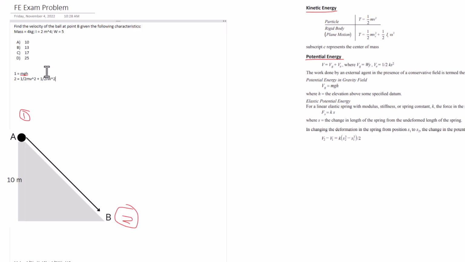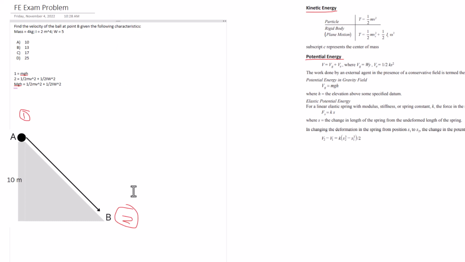So those are the three things that are involved. We set those equations equal to each other. mgh equals that first part there, 1/2 m v squared plus 1/2 the rotational moment of inertia, I, times W squared, the rotational velocity. Okay, so that's our setup for the equation.